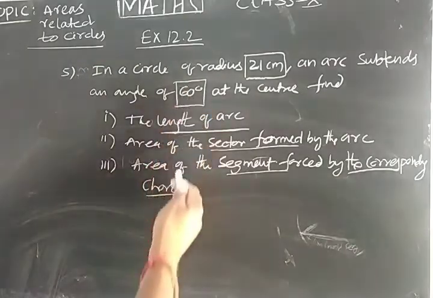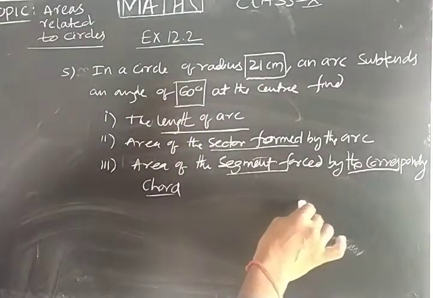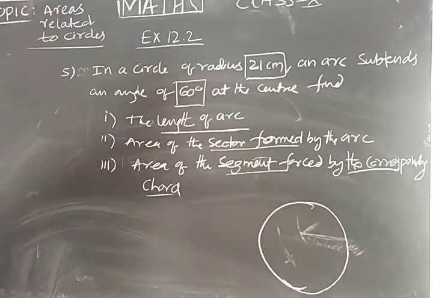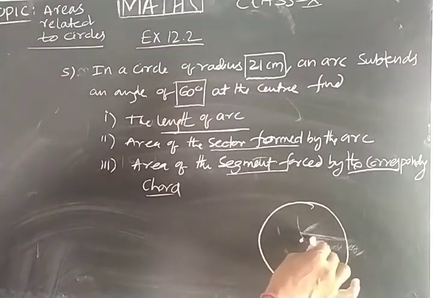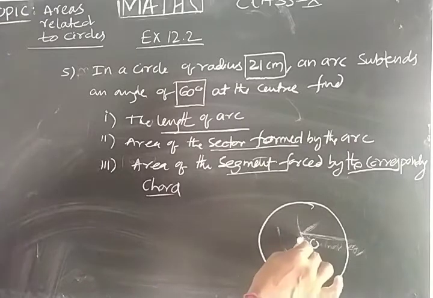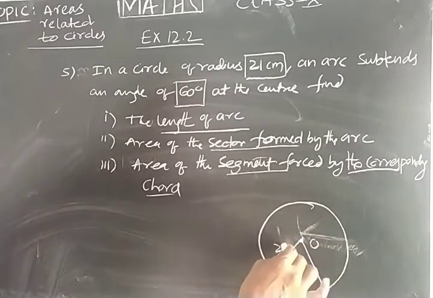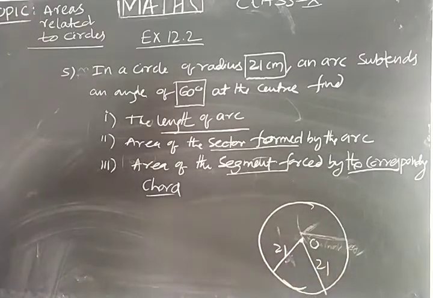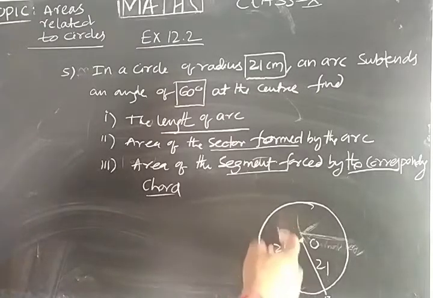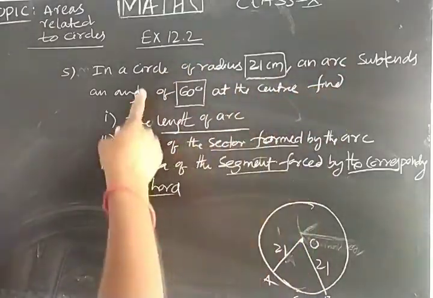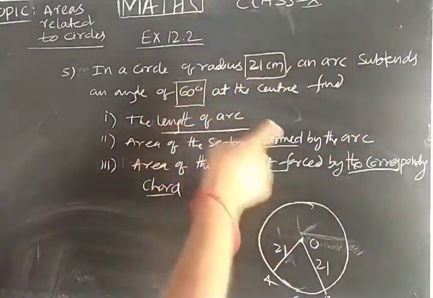Okay, to find these three, let me draw the figure according to the question. I am taking one circle with center O, and two radii, each 21 centimeters. ACB is an arc, and the arc subtends 60 degrees at the center.